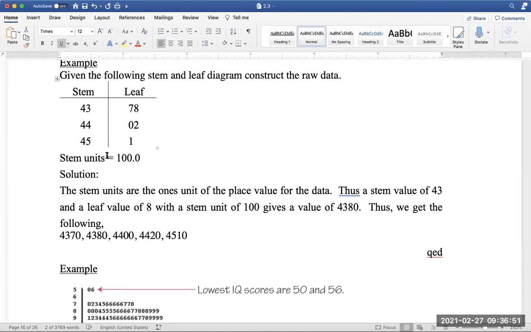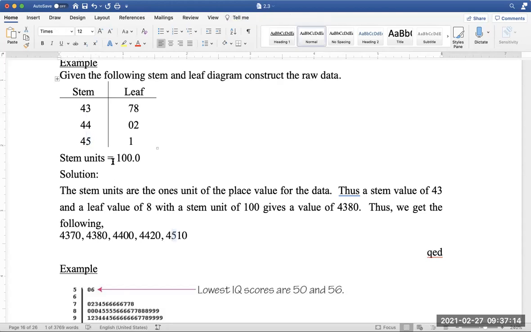Let's look here at this one. The stem unit is 100. So let's look at the 45. The 5 is the least significant digit in the stem, so the 5 must be in the hundreds place value.